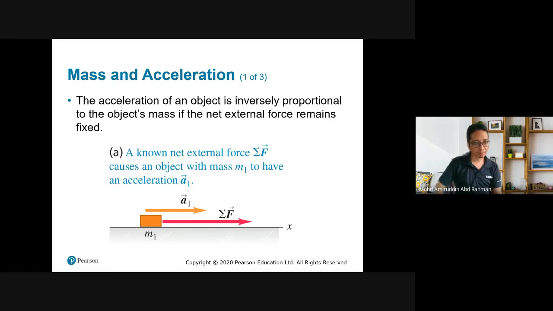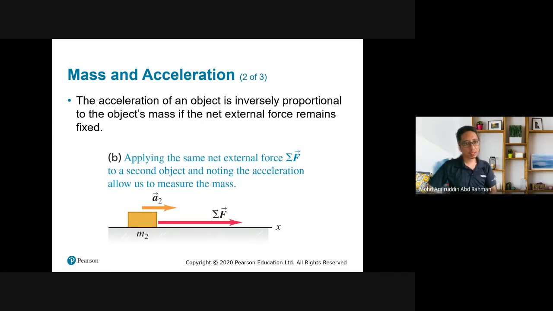Now we look at the mass. The acceleration of an object is inversely proportional to the object's mass if the net external force remains fixed. A net external force causes an object with mass m1 to have an acceleration a1.